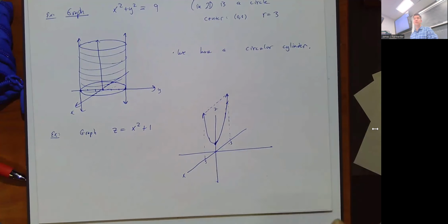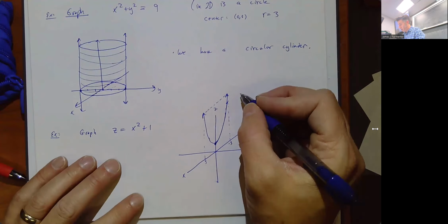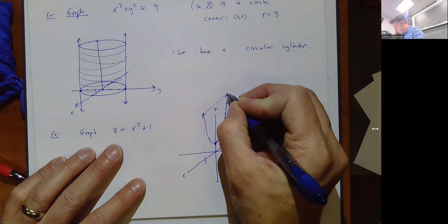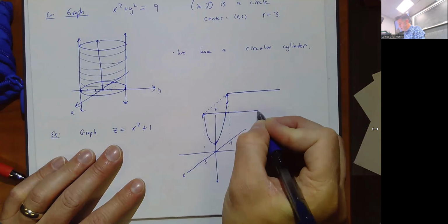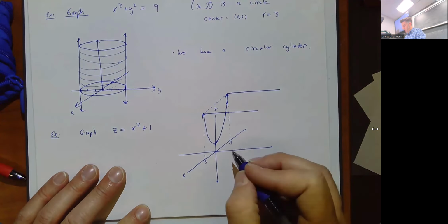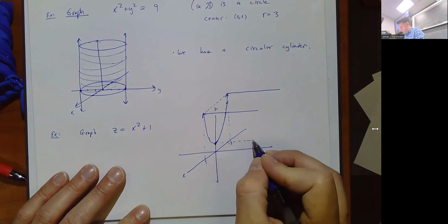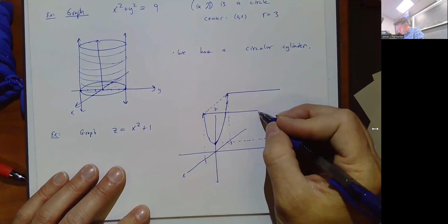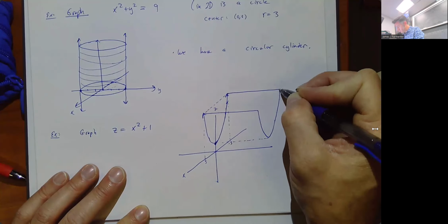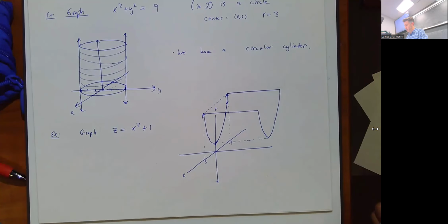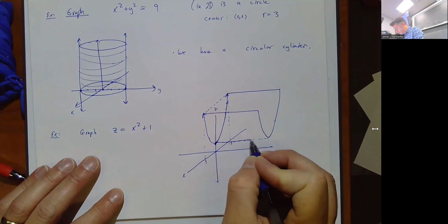And then we're going to extend this thing in the y direction. So what I'm really going to do is try and draw horizontal lines that are the same length, and then draw another parabola that goes through those. It's not a perfect process, but it worked okay this time.